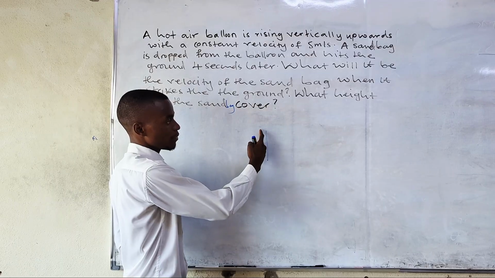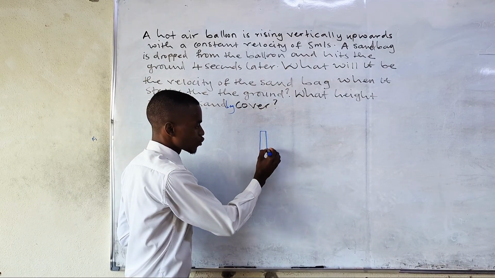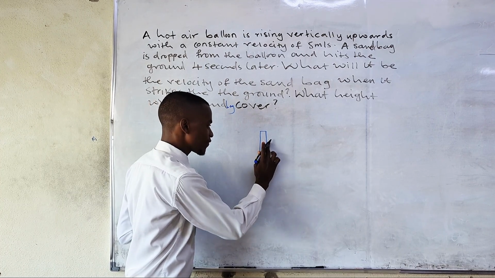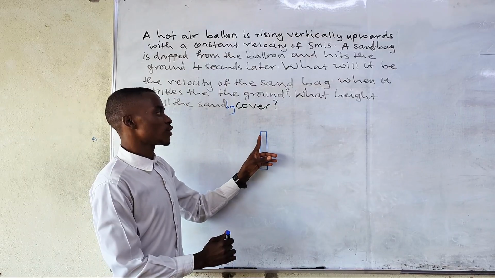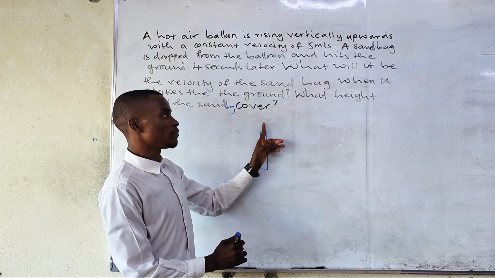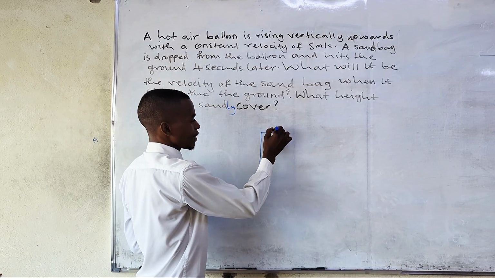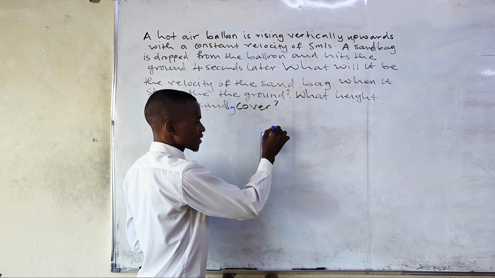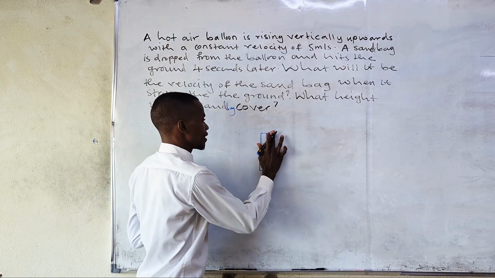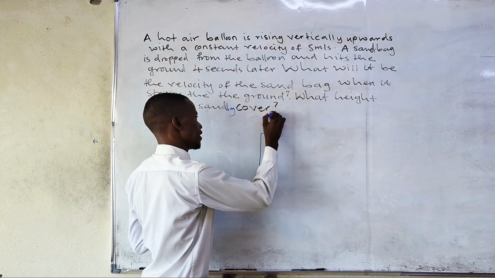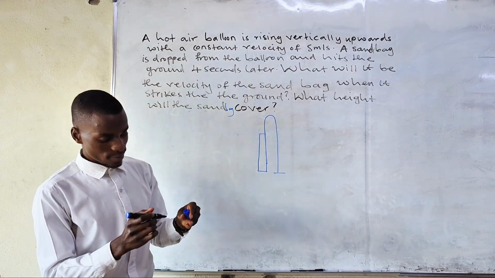If it drops the sandbag at this given position, the sandbag won't go directly downwards, no. The sandbag will take this route. It will move a bit up, then it will drop.